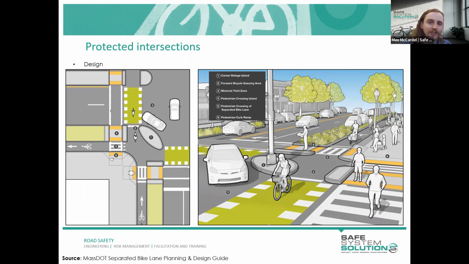Number 4, pedestrian crossing island. So this area here and this area here. What's shown within this figure is basically that we are separating cycling traffic and pedestrian traffic, so we're not having just one shared area where both pedestrians and cyclists cross. I think that's a very sensible solution, because cyclists that prior to this point have been in a dedicated cycling facility are likely traveling at relatively high speeds.